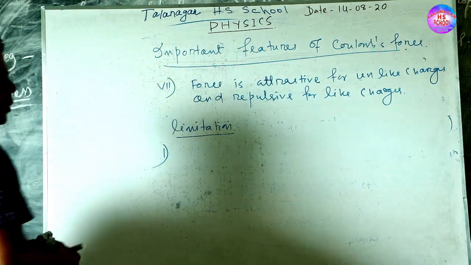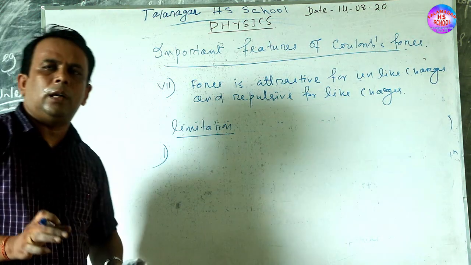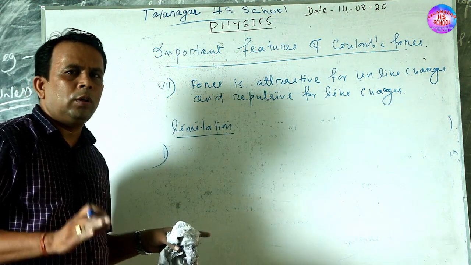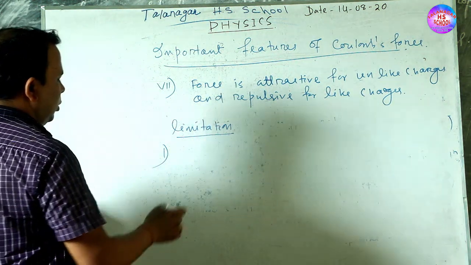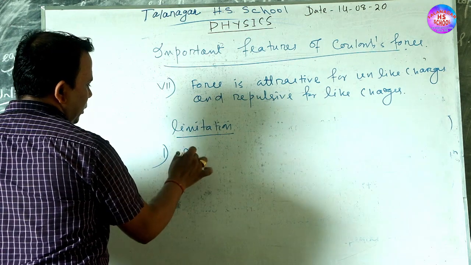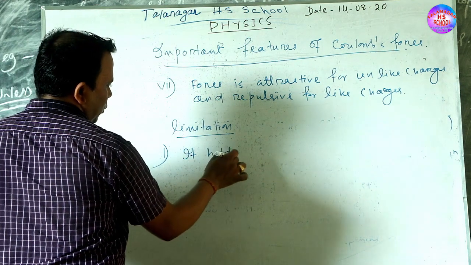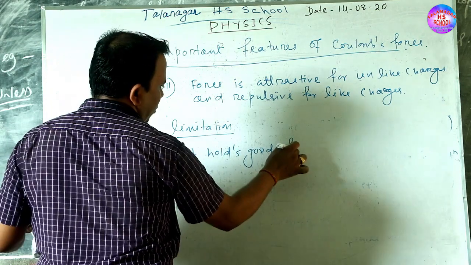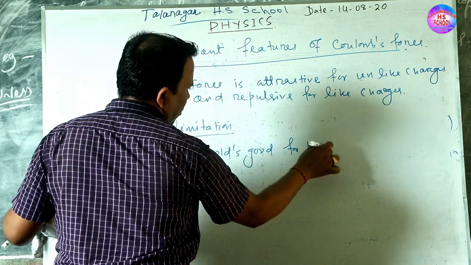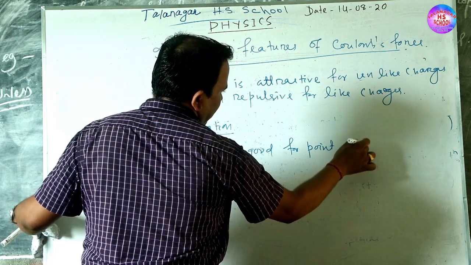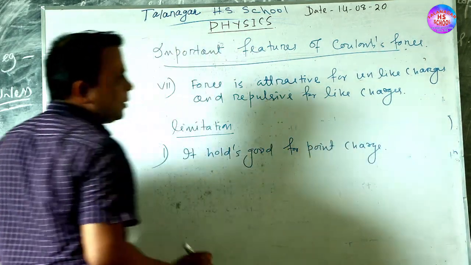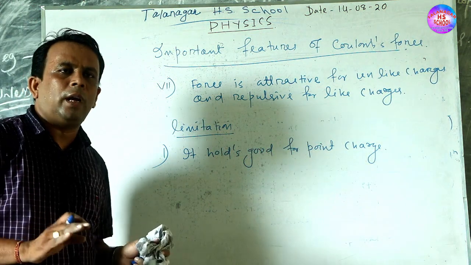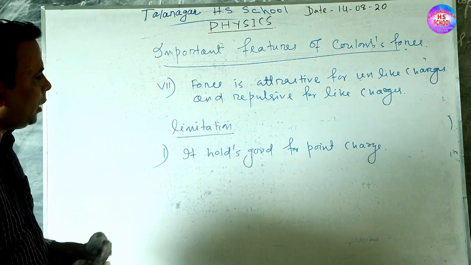Limitation first: it is strictly applicable in the case of point charges, meaning it holds good for point charges. A point charge means its dimension is very small as compared to the distance. So this is the point charge.